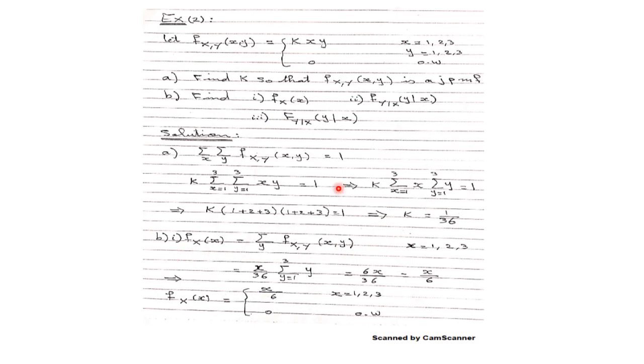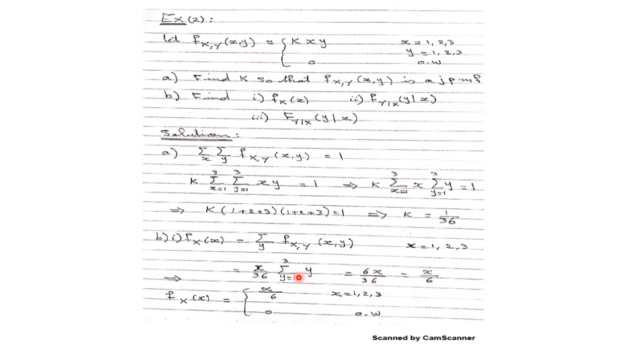What's the domain for x from the very beginning? 1, 2, 3. Here it is. So x equals 1, 2, 3. Okay? Now replace f of xy. What's f of xy? It is k times x times y. K now is what? That's what we obtained. 1 over 36. So it will be 1 over 36 summation xy.